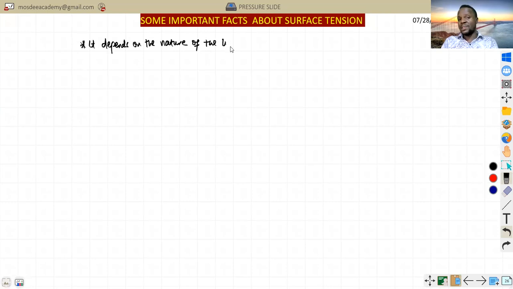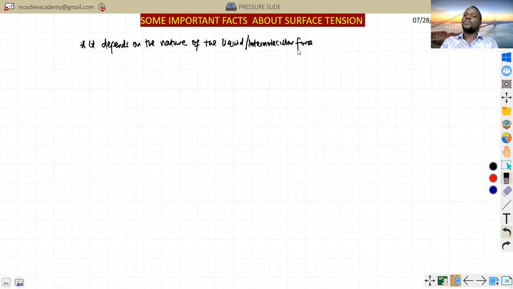As I've explained in the previous slide, surface tension does not depend on anything except the nature of the liquid, or basically you say intermolecular forces. So that is another way to understand that.